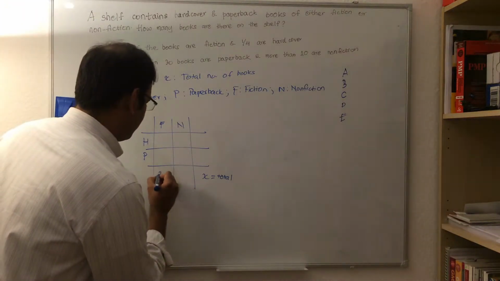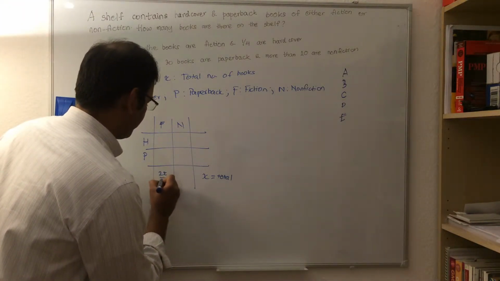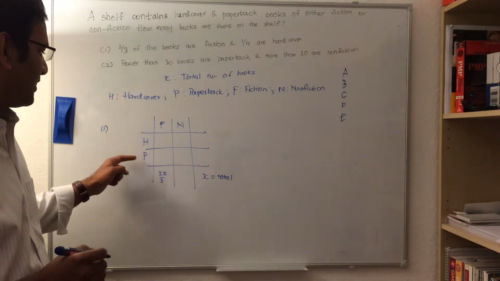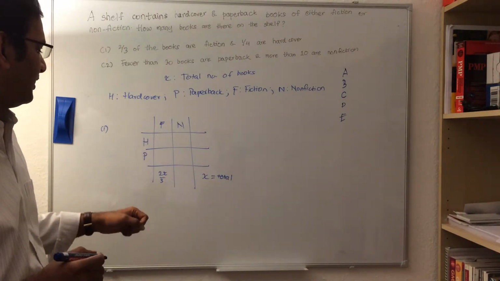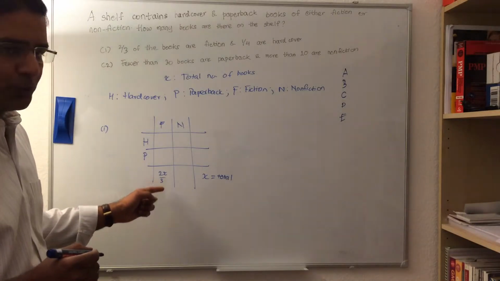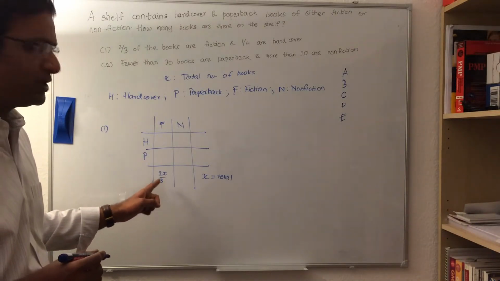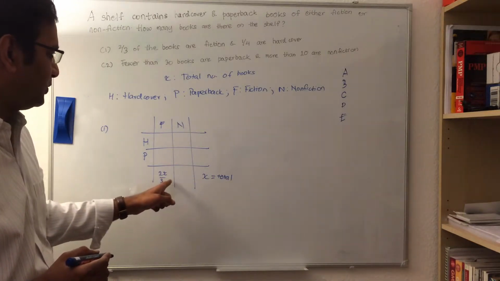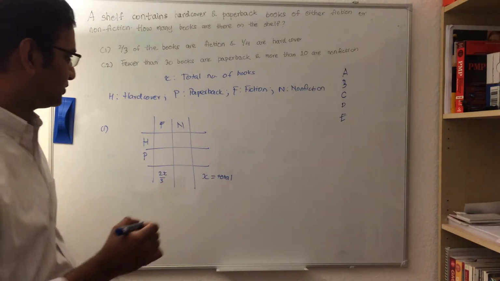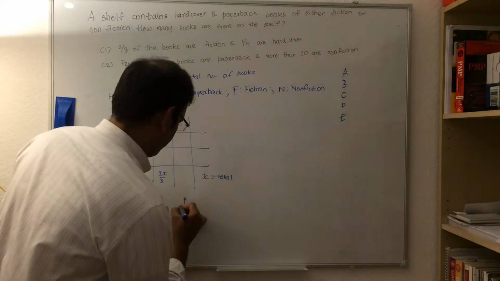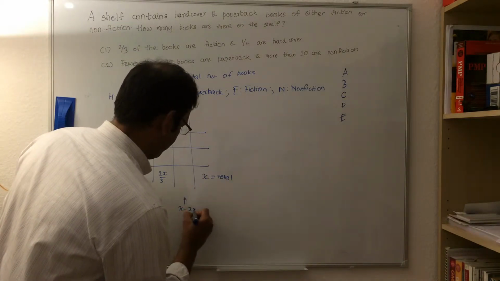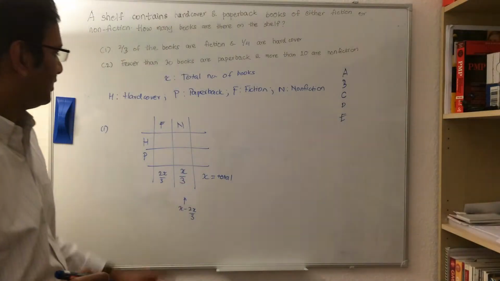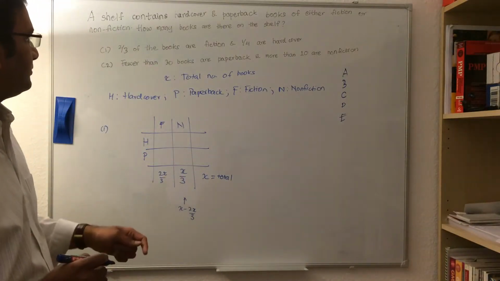So 2x over 3, the total number of fictional books, both hardcover and paperback. In other words, if 2x over 3 represents the number of books that are fiction, then x minus 2x over 3 represents the number of non-fictional books. In other words, x over 3 represents the number of non-fiction books.